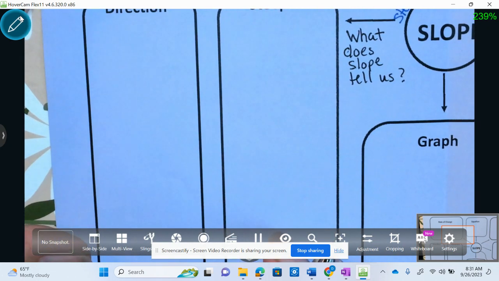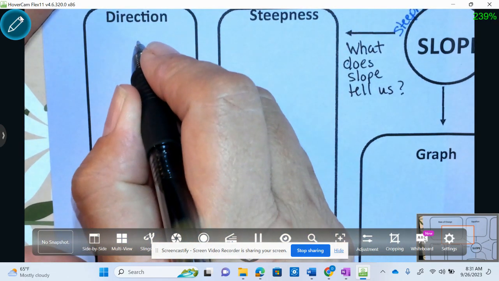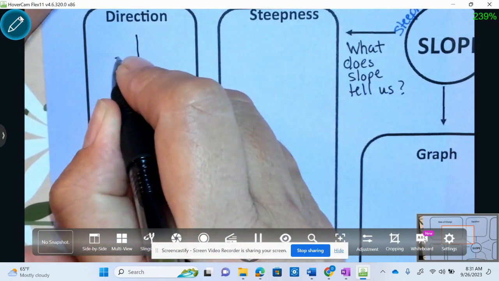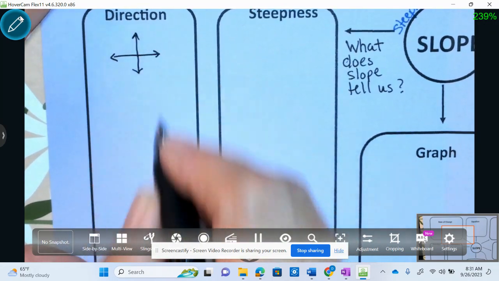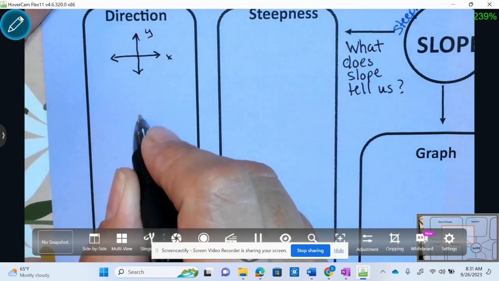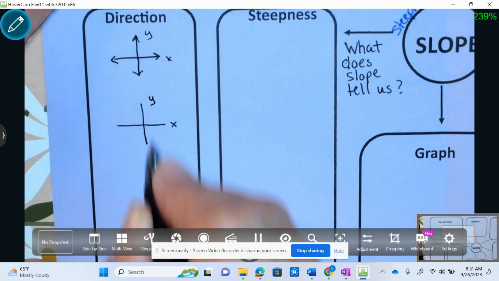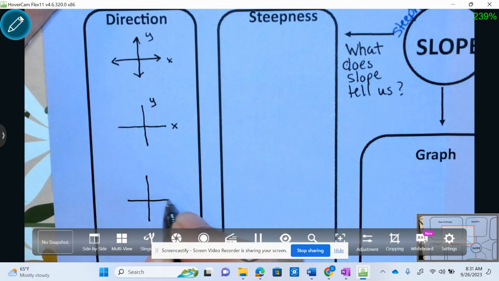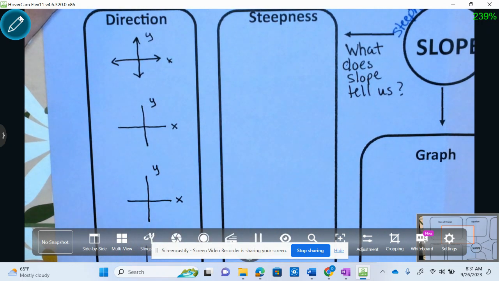Not no solution, but 0 slope, or what? Undefined. So I'm going to draw 4 little XY charts, like coordinate grids.